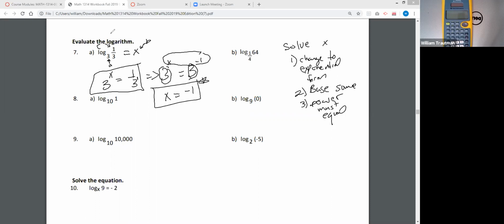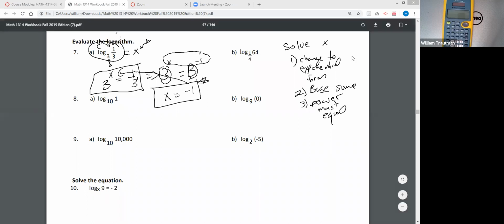It says evaluate the logarithm, find the answer, and the answer is -1. 3 to the -1 power equals 1/3. And let's verify that. If x is -1, I'm going to put -1 here. 3 to the -1 power on my calculator. Let's try that on the calculator. 3 to the -1 power.